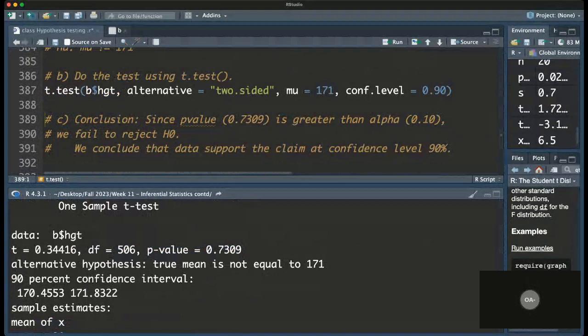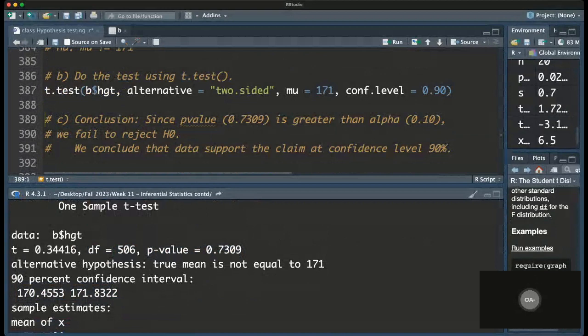But before we go further, let's take a look. Our mu is 171. If you look at the confidence interval that we're given right here, 171 falls within that range as well, right? 171 is greater than 170.4553, and it's less than 171.8322.